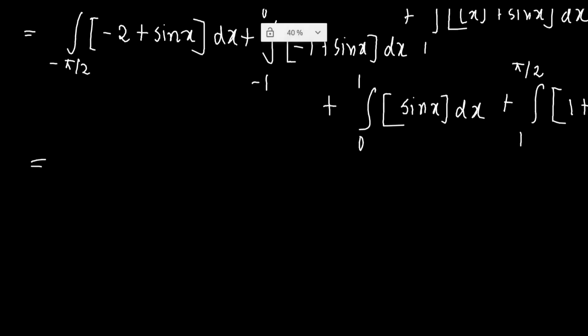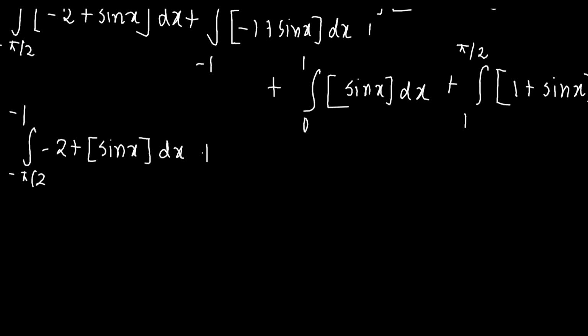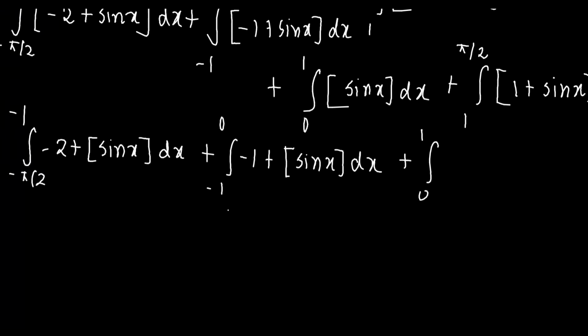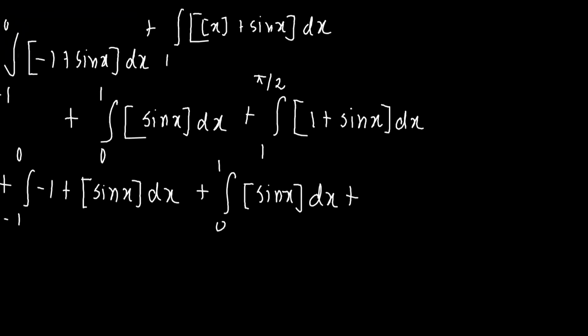So in the next step, we can write minus pi by 2 to minus 1 of minus 2 plus box of sin x dx, plus in the next step minus 1 to 0, so it is minus 1 plus box of sin x, plus it is 0 to 1, in 0 to 1 it is box of sin x only dx, plus in the next step it is 1 to pi by 2, so here it is 1 plus box of sin x.